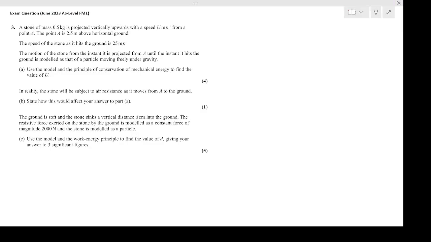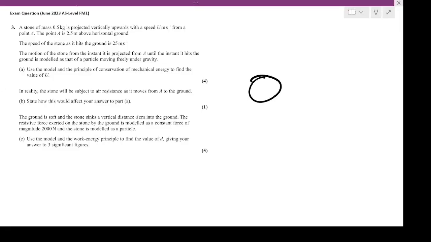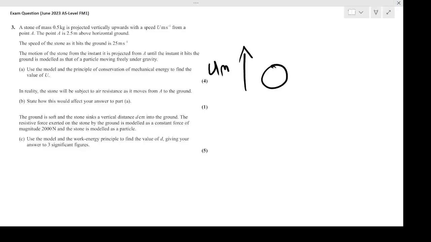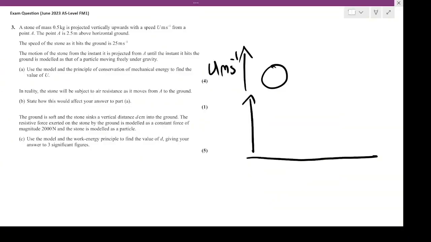It's very wordy, but in essence the situation isn't that complicated, and it's telling us to use conservation of energy, which is quite nice. What's happening is we have this stone that's projected upwards. It moves upwards. The speed is u, and I'm told that at this point A it's 2.5 meters above the ground.